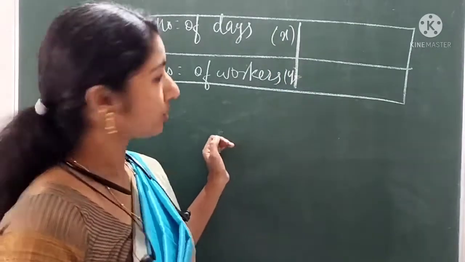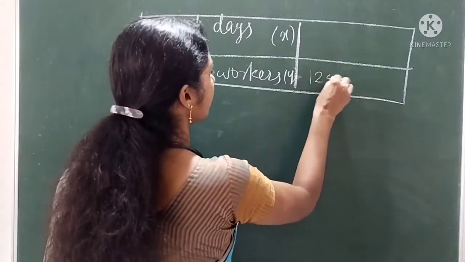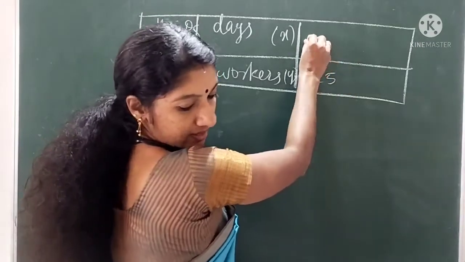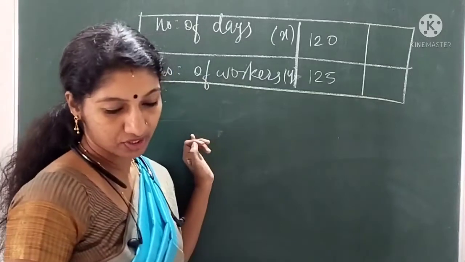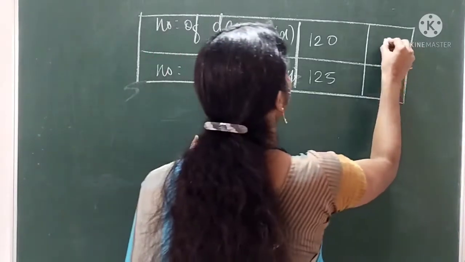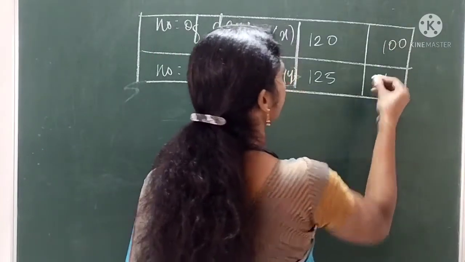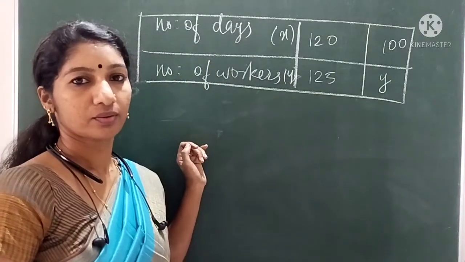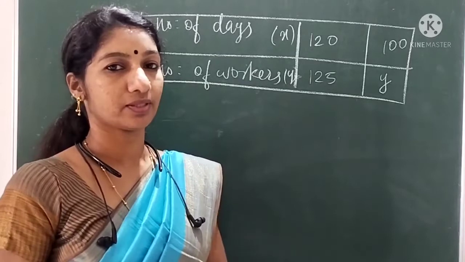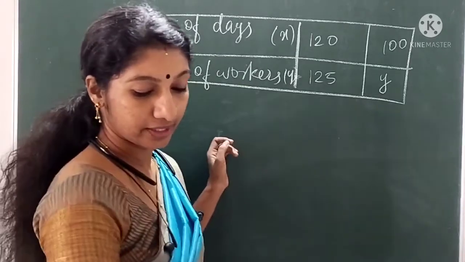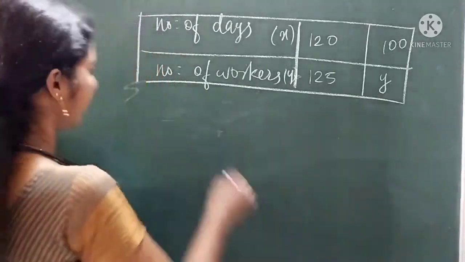It's given 125 workers, and how many days are they taking? 120 days. And the second situation is, if they are taking 100 days, how many workers will be there? Okay, so one y is missing here. How many workers will be there? This is exercise 17.2, question number 4 I am explaining.